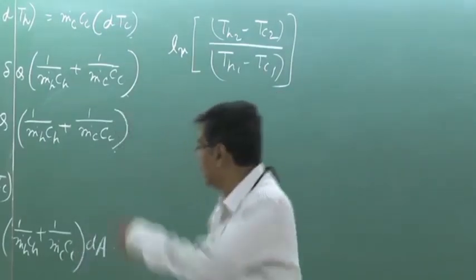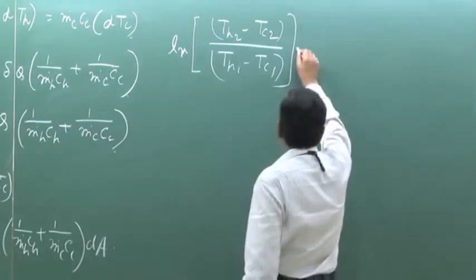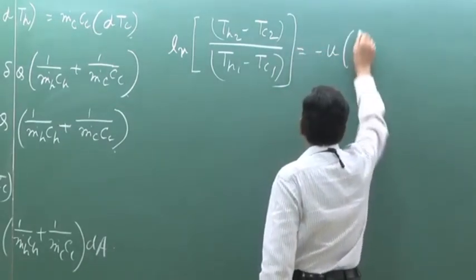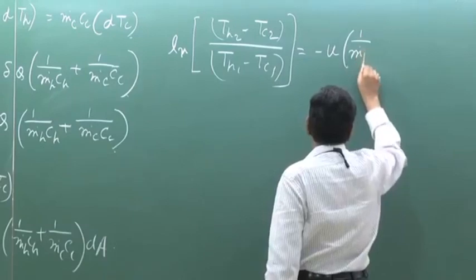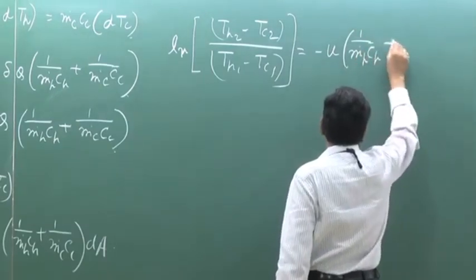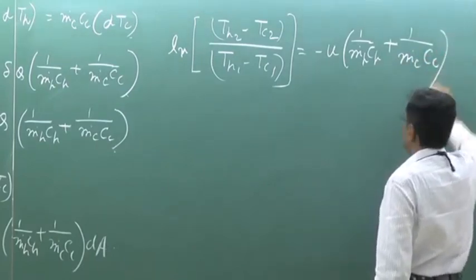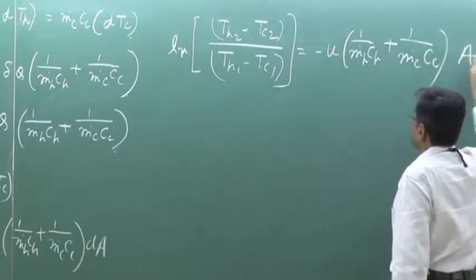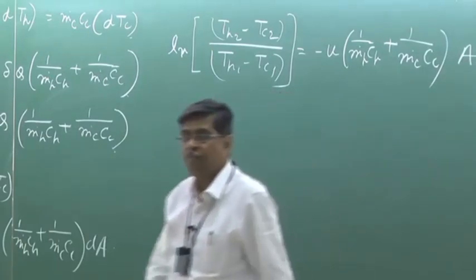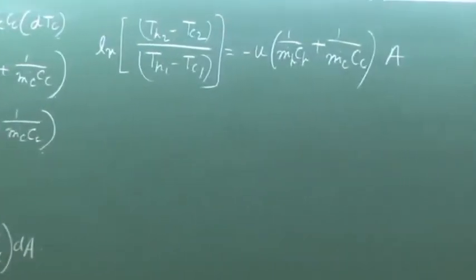Okay? And this side will be minus U times 1 by m dot HCH plus 1 by m dot CCC times area. So this is clearly this thing.